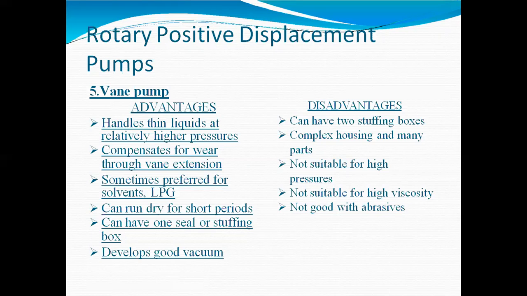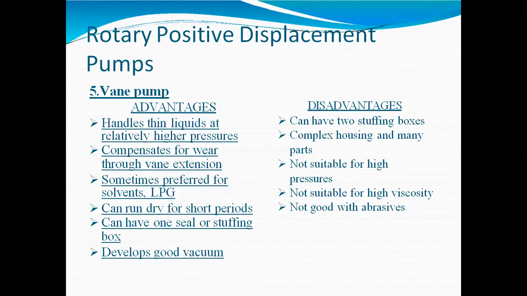It is not suitable for high pressure. The pressure range of this particular type of pump is between 75 to 125 bar. So for applications which require pressure between 75 to 125 bar, we can use the vane type of pump. It has an efficiency between 85 to 90%.